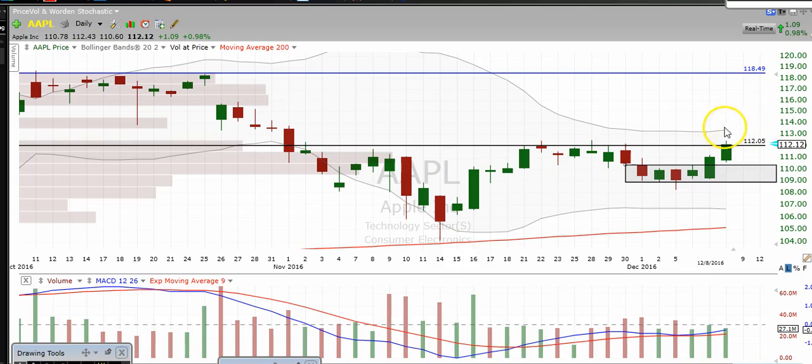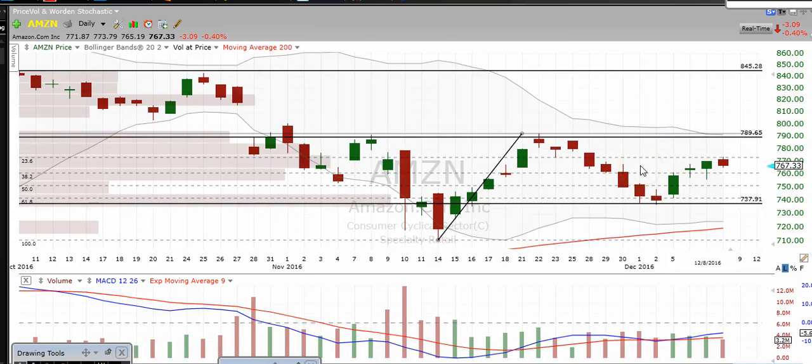So a close over 112.40 is going to send us higher on Apple based off of this big time resistance. You can see there's a hit, hit, hit, rejection, and we're right at it right now. So tomorrow is going to be a pivotal day for Apple, and we'll see if it can actually close over this level for real.